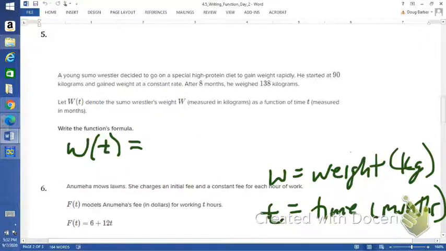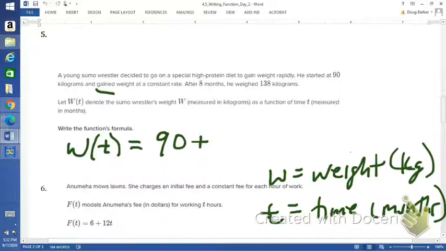Alright, so what did he initially weigh? He initially weighed 90 kilograms, so we're going to put that first. And then he gained weight at a constant rate, so gain would indicate we're adding. So how much weight did he add per month? Well, we know that after 8 months, he weighed 138 kilograms.